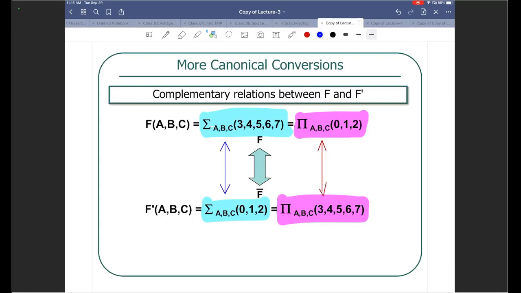So just to summarize, a function F, you can write in canonical sum of product form, complete and shorthand. And you can write that same function in canonical product of sum form, complete and shorthand. In the same manner, you can do it for F complement.